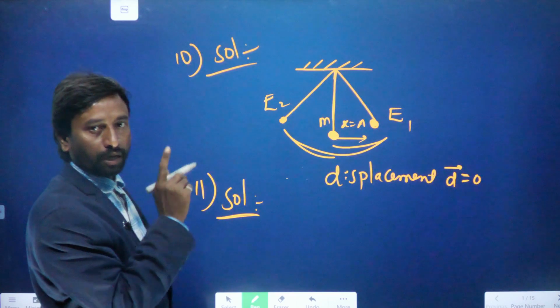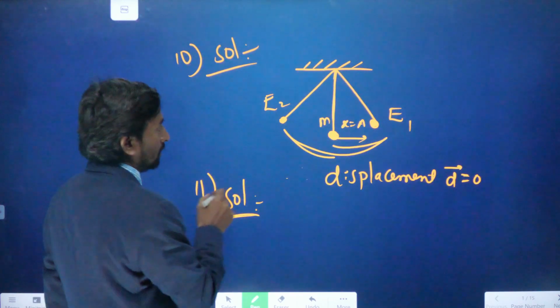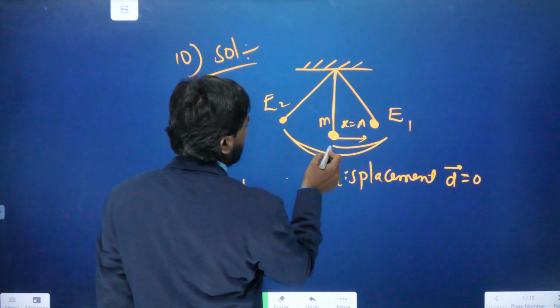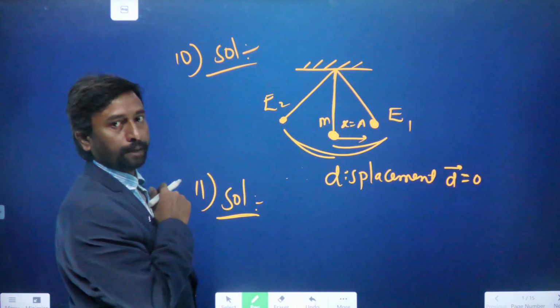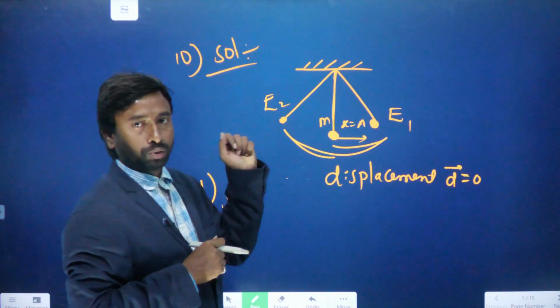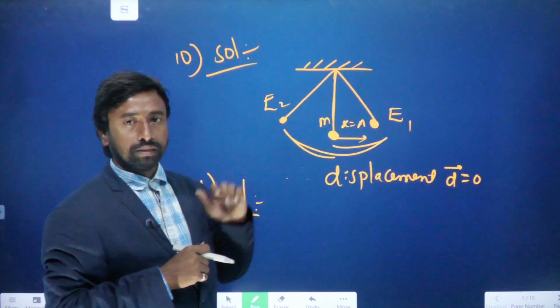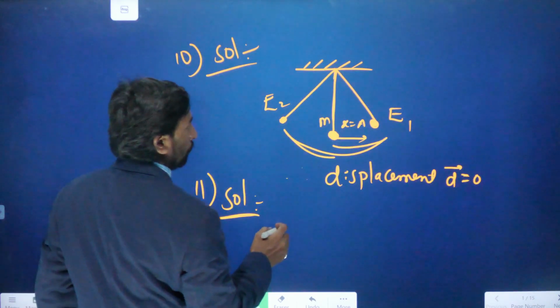Already 3A is completed there. Then in one oscillation we have to consider up to the mean position, so one more A will come. Then the total length, so that is 4A.